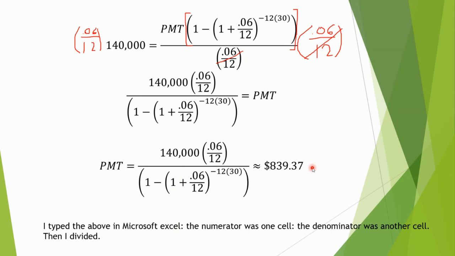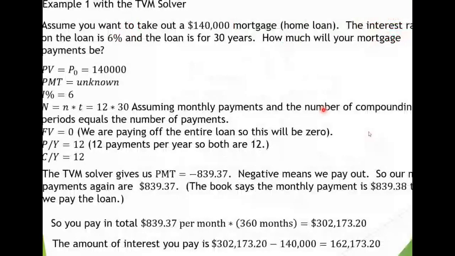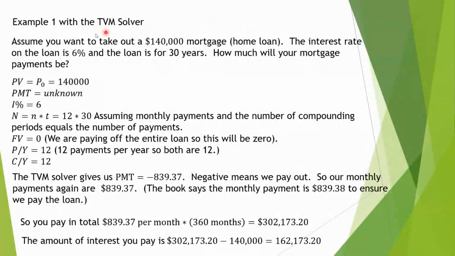Now what I'm going to show you is how to solve it using the TVM Solver. It's the same problem. I went over the notation for the TVM Solver last time, so I'm not going to go through it too much again.